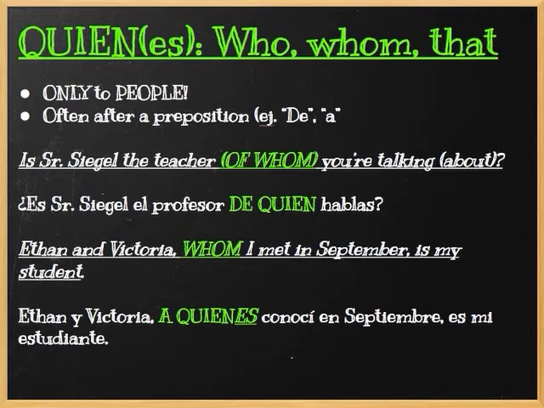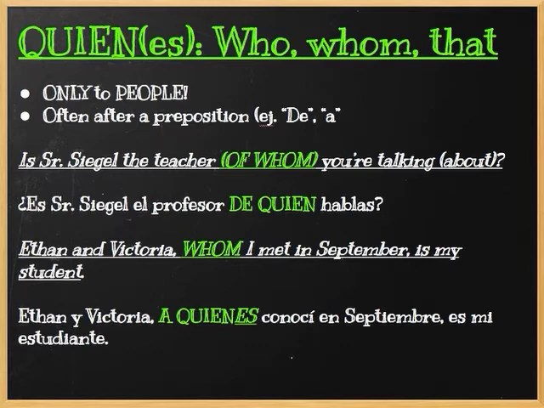In English we might say incorrectly that the pencil who is yellow writes often. A pencil is not a person, obviously, so we can't use quién in that situation either. We have to use que, but we would use quién and quiénes in situations where we have people.